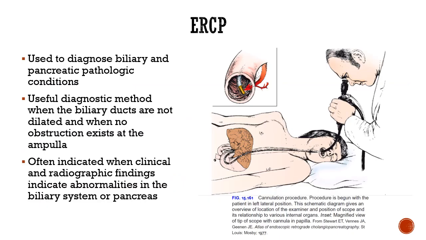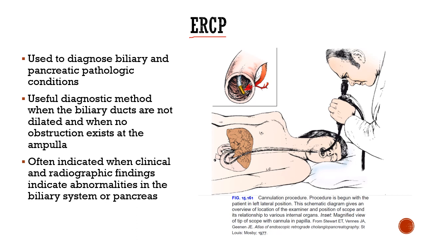The ERCP is referred to as the endoscopic retrograde cholangiopancreatography. What we're going to do is have a surgeon perform an endoscopic procedure, but we're also using radiography at the same time. We can see the patient is either supine or they could be in an LPO position.